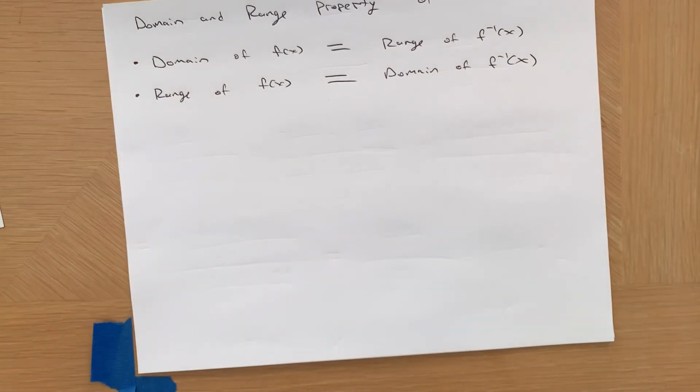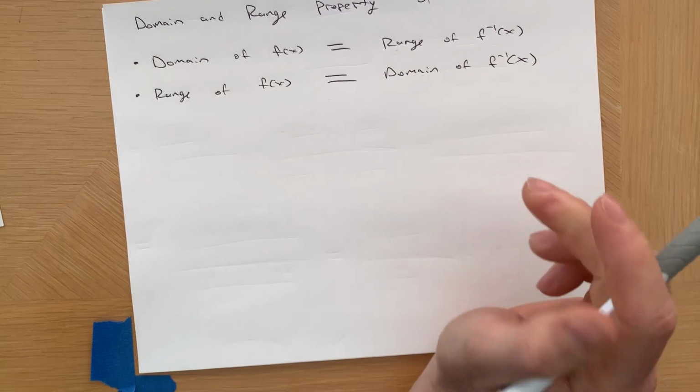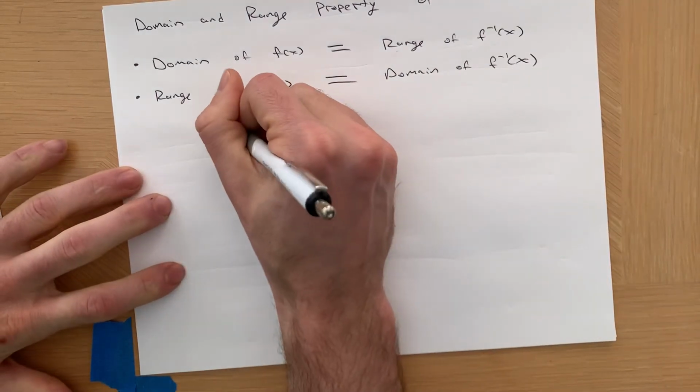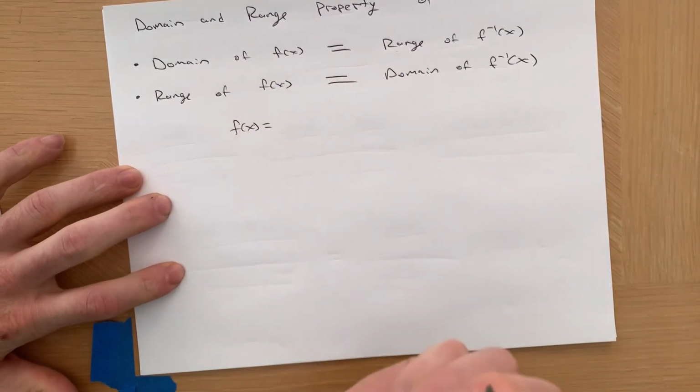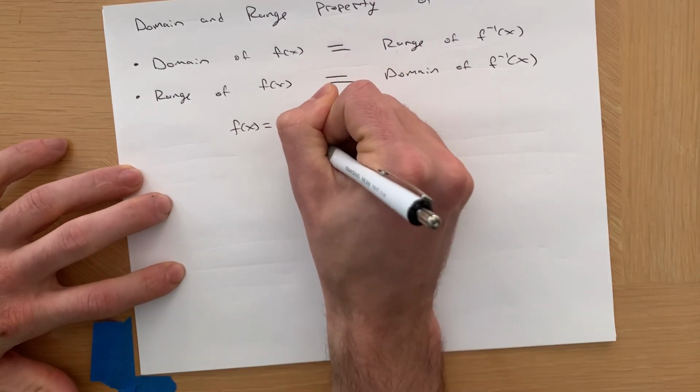So why is this helpful? Sometimes there'll be a question that says find the range of f inverse of x. Let's just do it with a previous example we just did. So we saw that f of x was (x minus 1) over (2x plus 4).